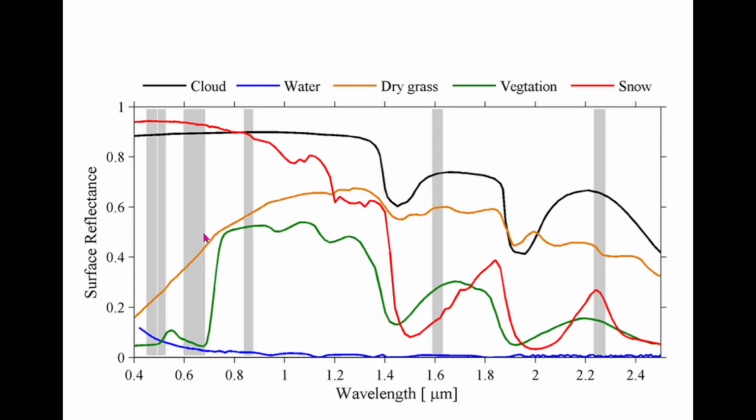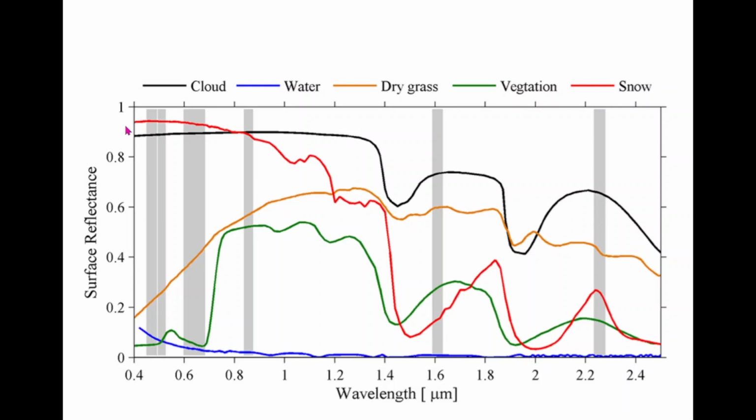What happens? It starts reflecting. And as it reflects again in near infrared, you will see that this dry vegetation as well will stand out very distinct. Same is the case with our green vegetation as well.